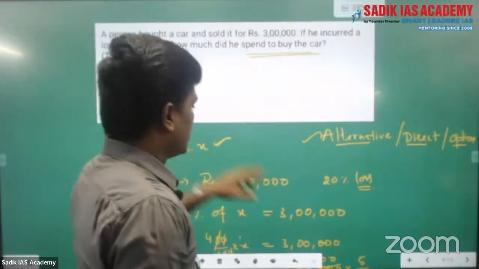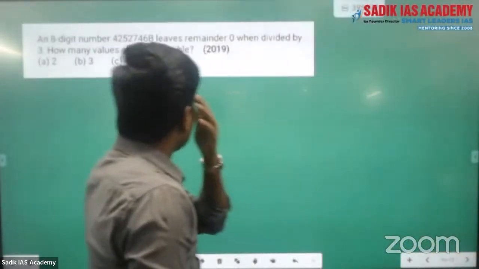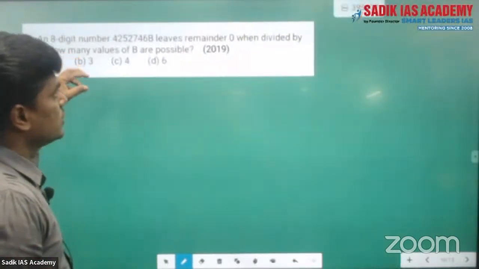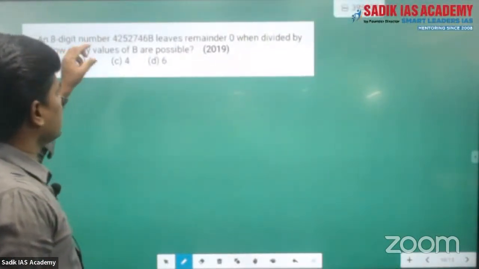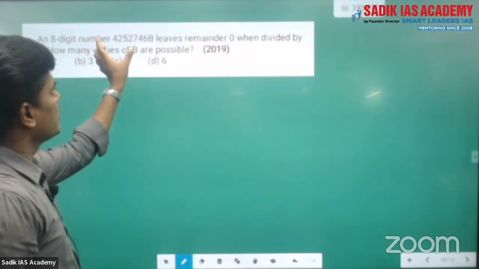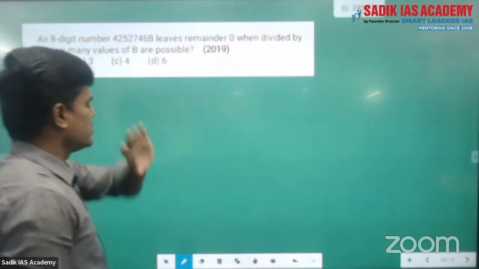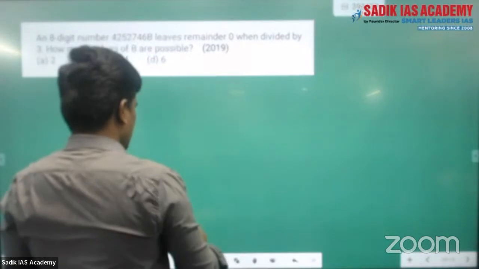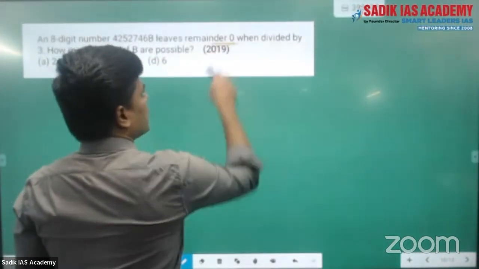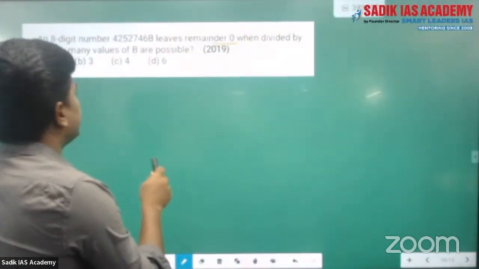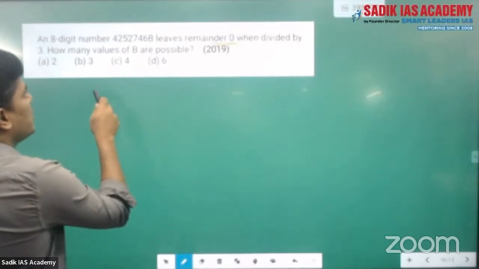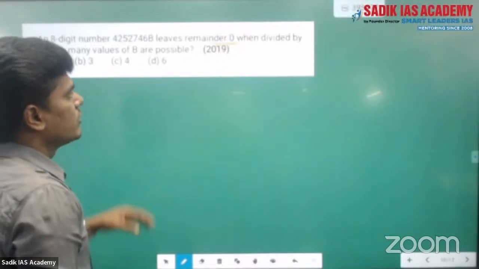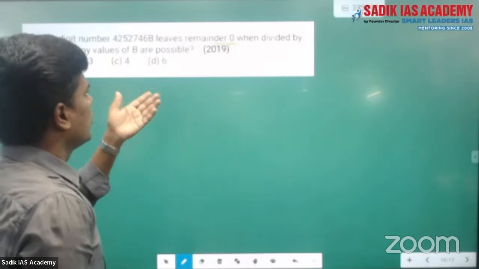Okay. Next method. See here, an 8-digit number leaves the remainder 0 when divided by 3. How many values of B are possible? Here we should know some understanding.